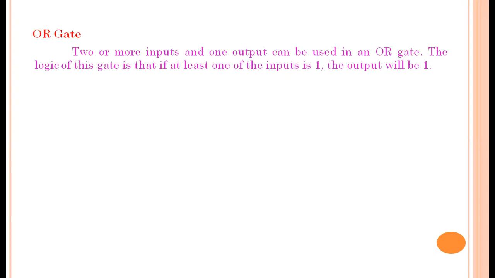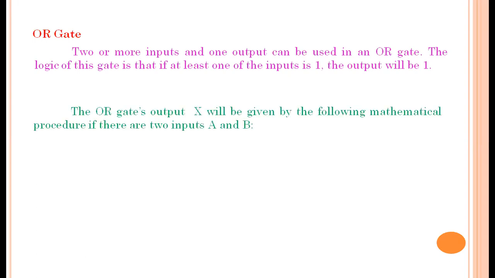This works because it is addition. For example, 0 plus 1 is 1, 1 plus 0 is 1, and 1 plus 1 is also 1. Here 1 means high and 0 means low, not numerals.